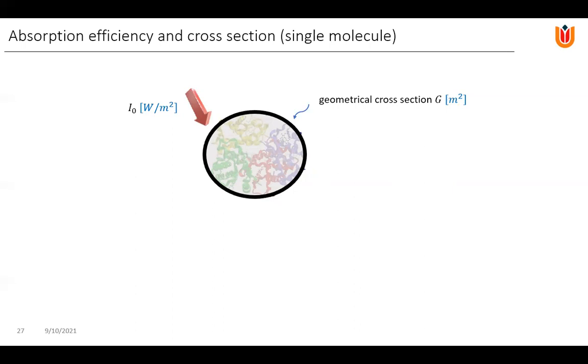This is how we illuminate the molecule with a certain intensity, intensity I0, in watts per square meter. So what is the power? Let's concentrate that. And the molecule has a geometrical cross section G. Let's work with that.